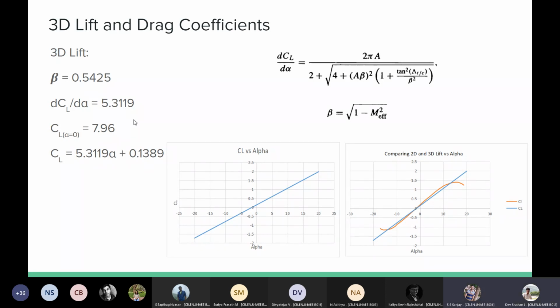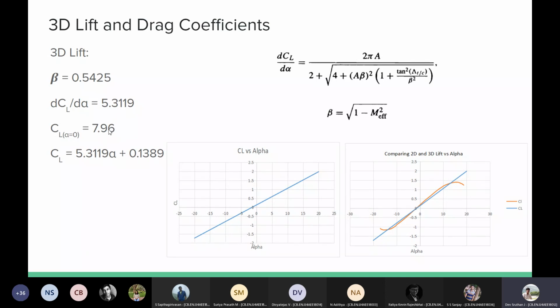Anyway, just check it again. dCL by d alpha, what you've got, 5.3119, is true only if alpha is in radians. So check the calculation, whether alpha is in radians here also. Actually, I forgot to mention it here, this is in degrees. When I calculated it, 7.96 into pi divided by 180 converts it to radians.